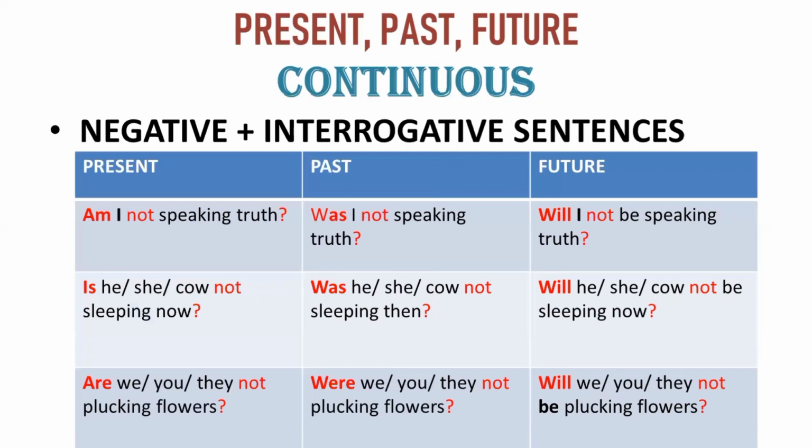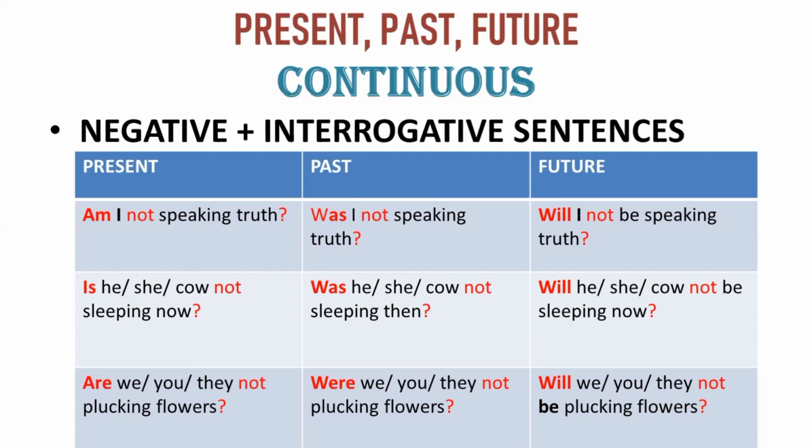As regards negative plus interrogative sentences, where we have both negation and interrogation, again, it's easy, though apparently it does not seem to be. But what you have to keep in mind, like we did in indefinite, is that from negative sentences, you have to pick the helping verb and just bring it to the beginning.